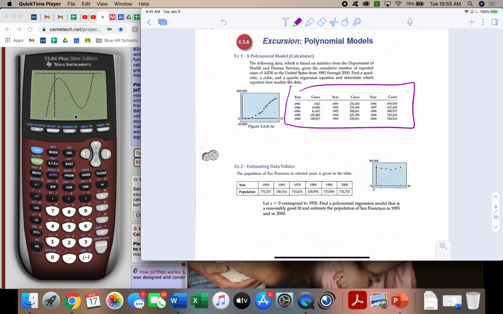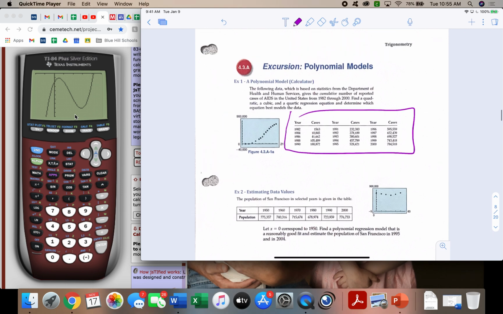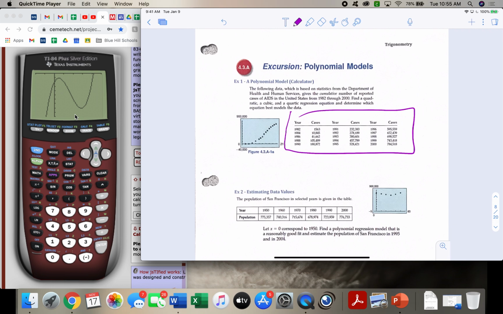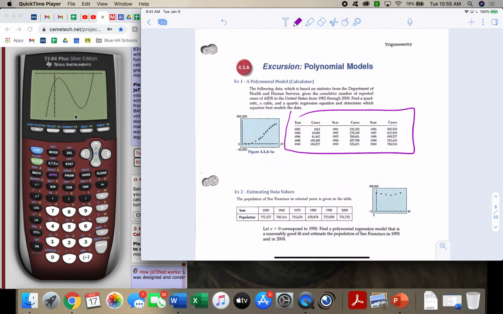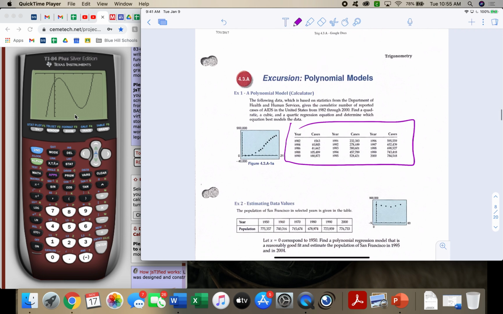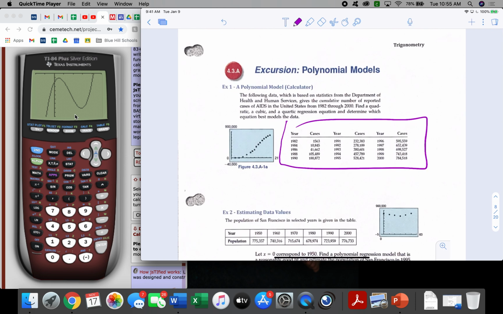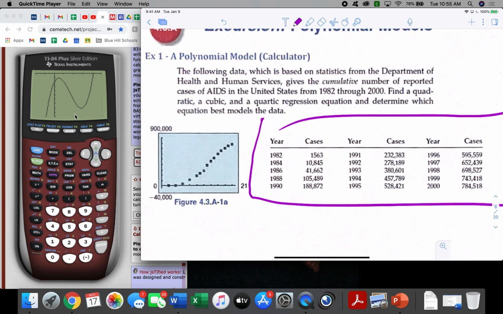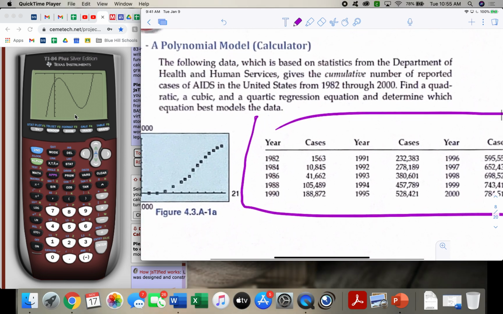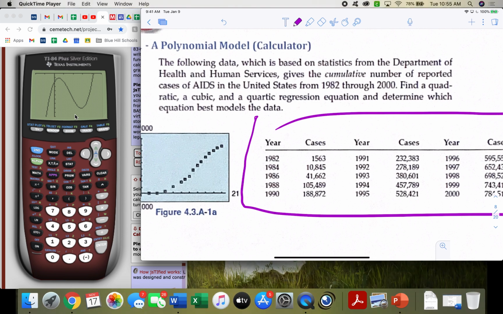But they want us to basically enter that data into the table and say, calculator, make me an equation for this data, okay? The following data, which is based on statistics from the Department of Health and Human Services, gives the cumulative number of reported cases of AIDS in the United States from 1982 to 2000.